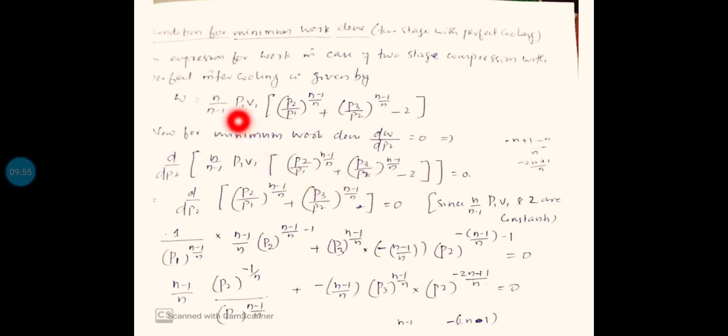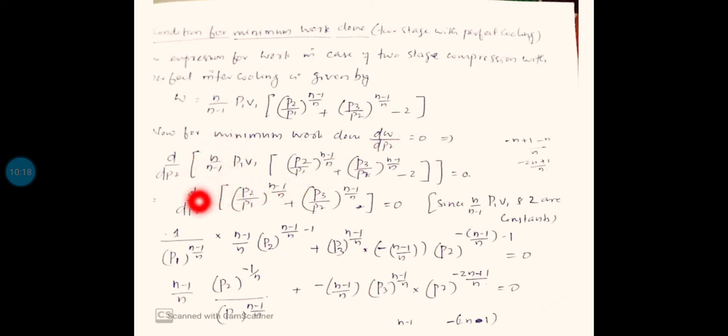From the initial part we can see that in n by n minus 1 P1 V1 there is no P2 term, so this entire term is a constant, but here comes a P2 term, here also a P2 is there. So I will take this as the constant term, so we won't consider this one while differentiating and equating to 0. This term is taken as constant, can be taken to the left side, so it will become 0.